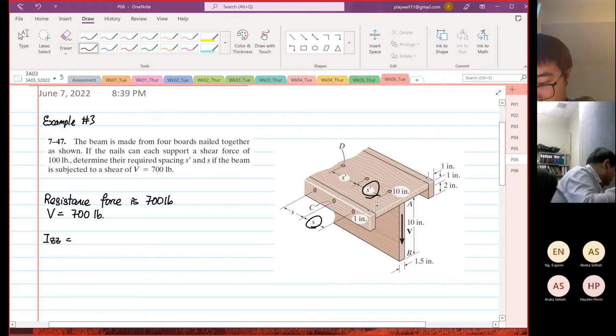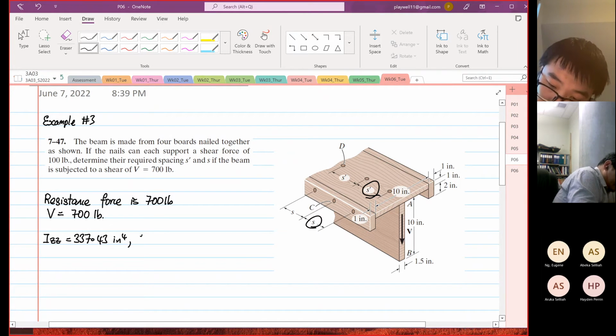You have to find this in doing the question. The value is 337.43 inches to the power 4, and the centroid is 3.3548 inches from the top.